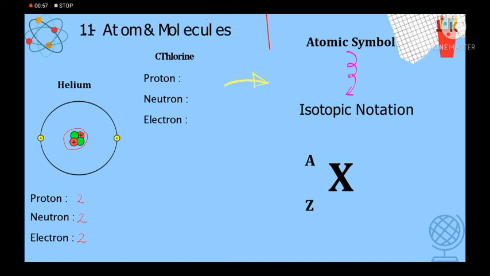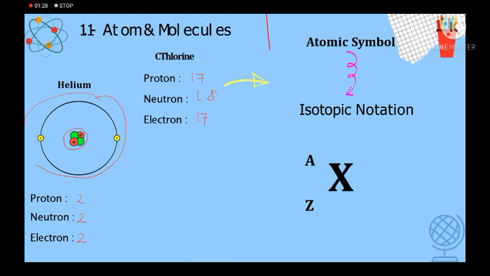But for chlorine, inside chlorine they have 17 protons and 18 neutrons. Because chlorine here is an atom, it does not have any charge, so protons equal electrons, 17 electrons. But it's going to be a problem if you want to draw the basic atomic structure for chlorine, because it has a lot of electrons, protons, and neutrons.